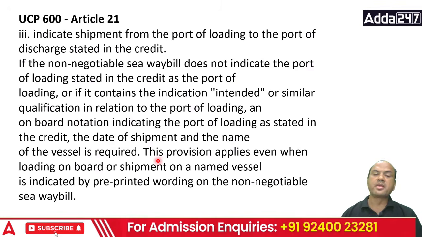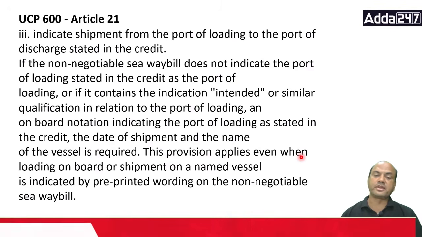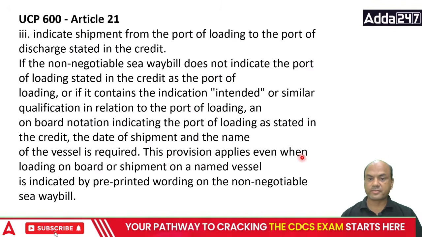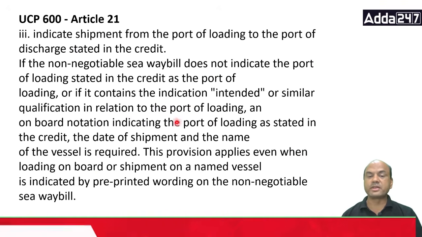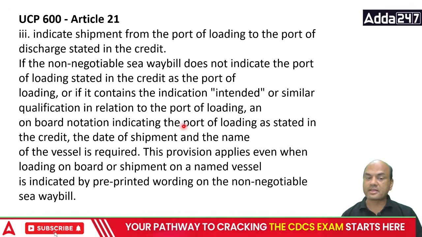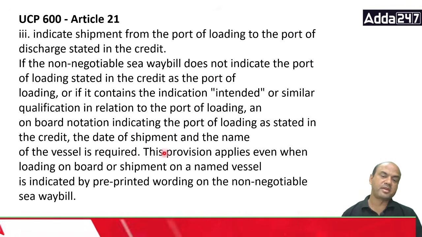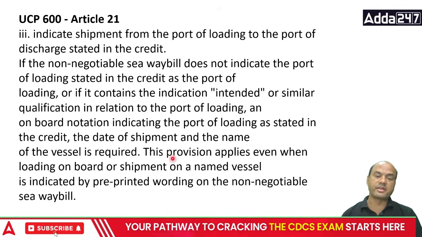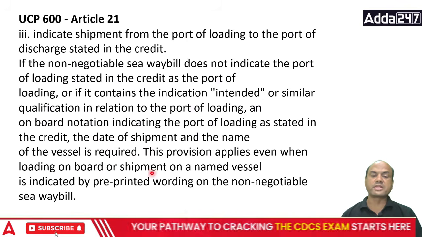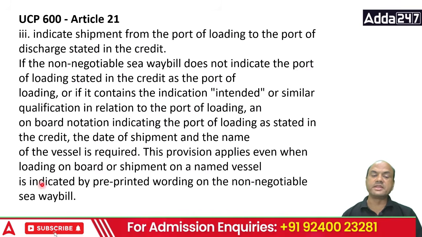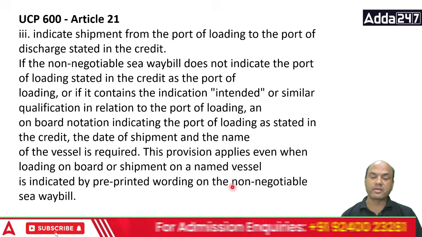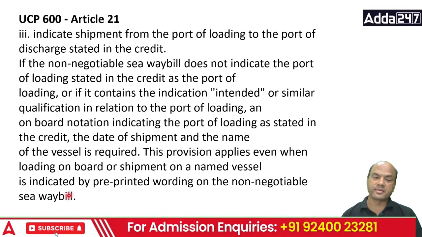The provision applies even when the loading on board or shipment on the named vessel is indicated by pre-printed wording on the non-negotiable sea waybill. Kindly note, the three elements are port of loading, date of shipment, and name of the vessel. Only three are required.